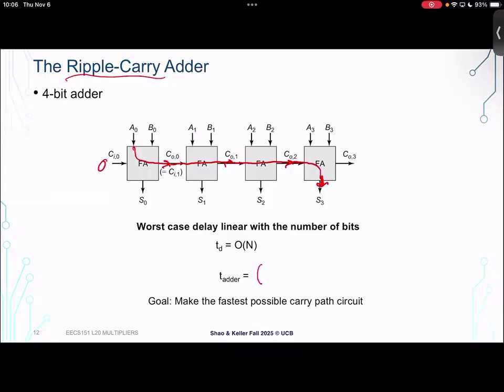And in general, for any n-bit adder, the critical path is n-1 times the time needed to calculate the carry, plus the time to calculate the sum at the last stage.